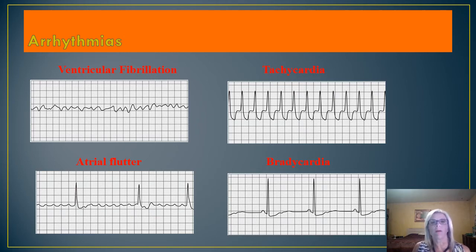On the bottom left here, we have atrial flutter, which is regular but very rapid heartbeat, between 250 and 350 times per minute. It can occasionally happen to people with a normal heart, but if it's frequent, it can cause damage to the myocardium or the heart muscle cells themselves.